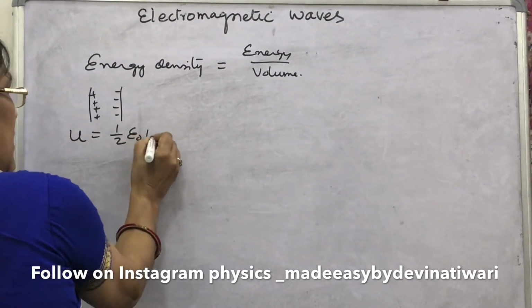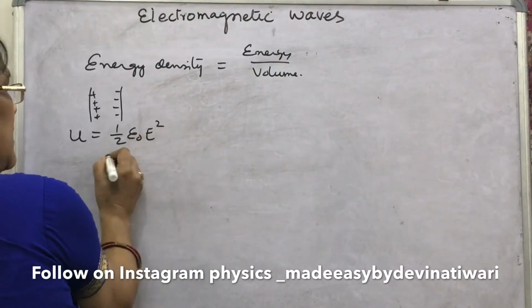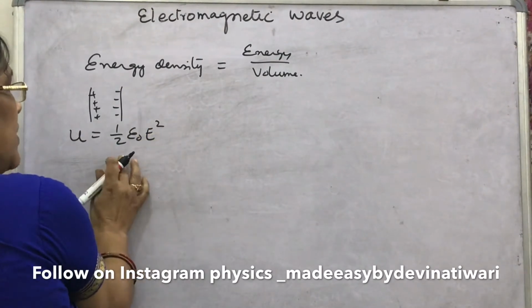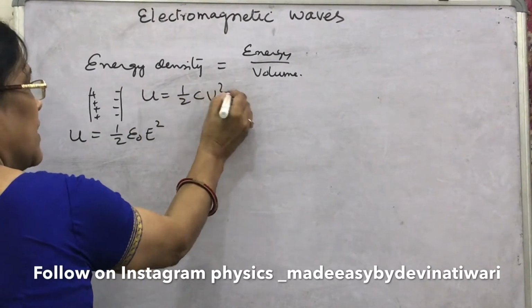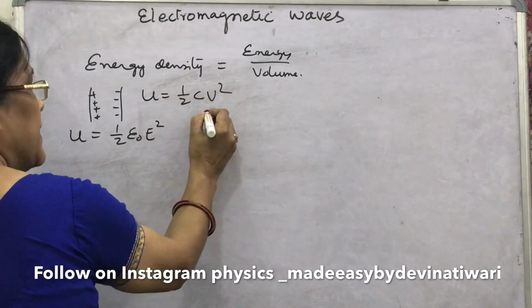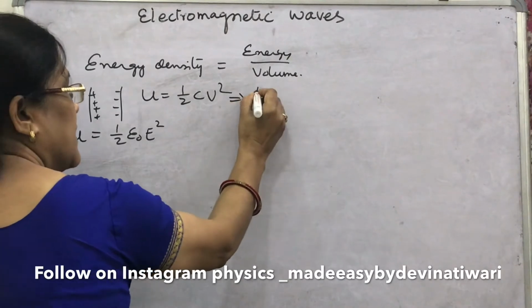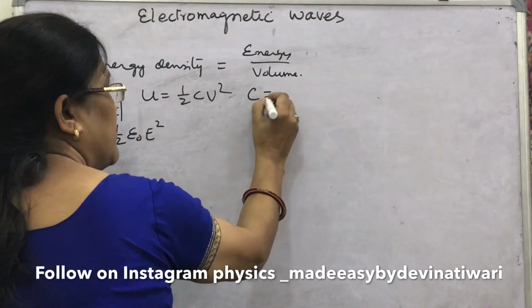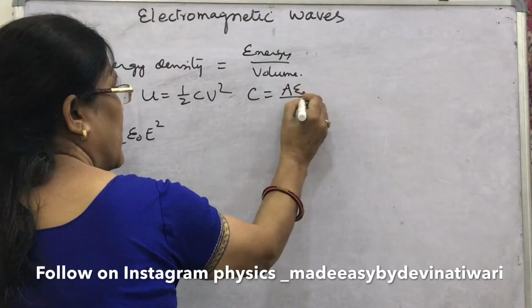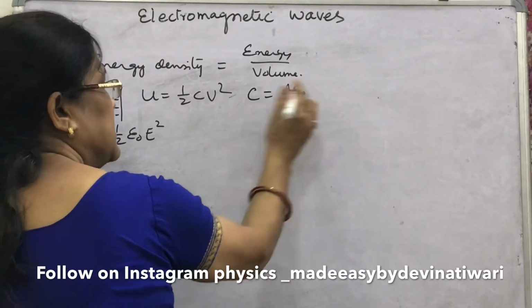it is half epsilon naught E square per unit volume. How are you getting this? You know this relation, half CV square. This C in the parallel plate capacitor can be written as C equal to A epsilon naught upon D, and what is V? Potential difference.